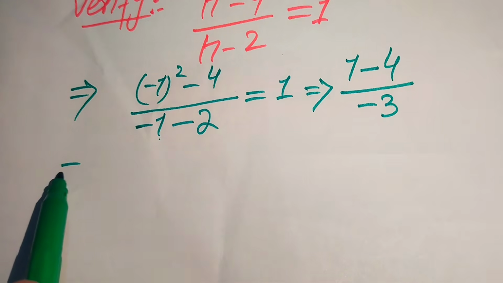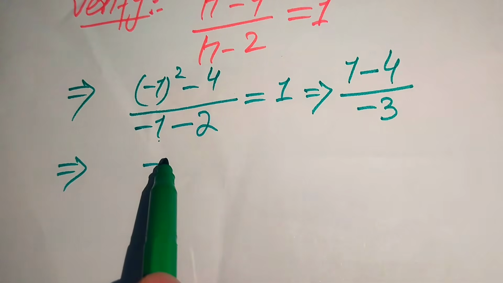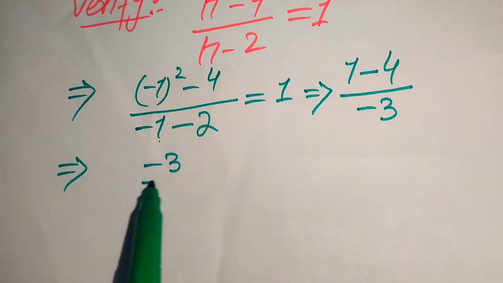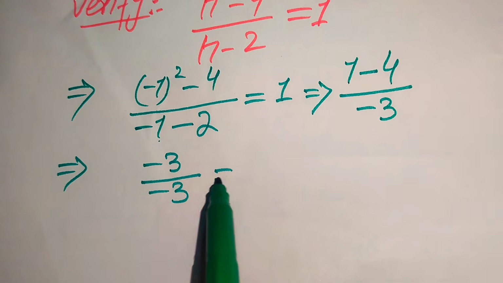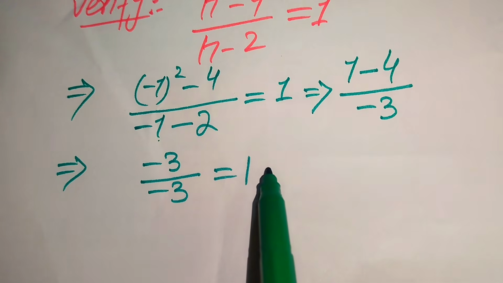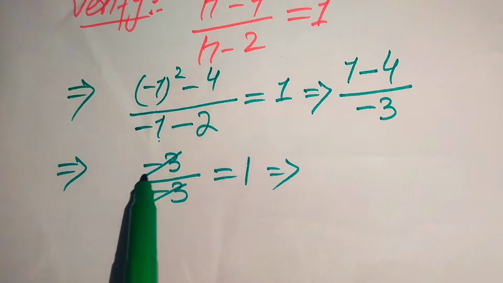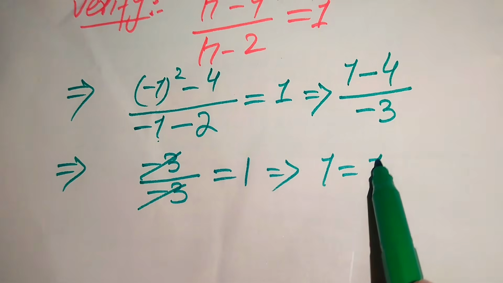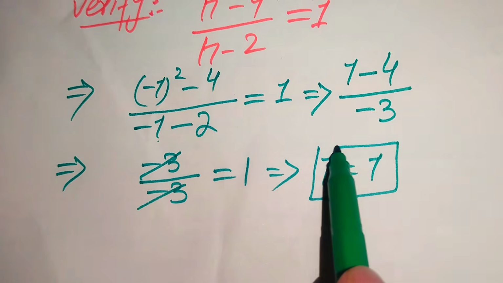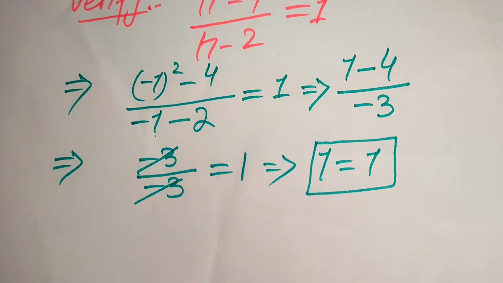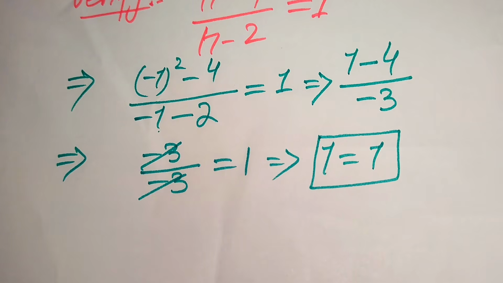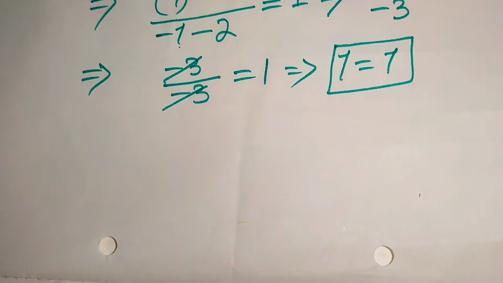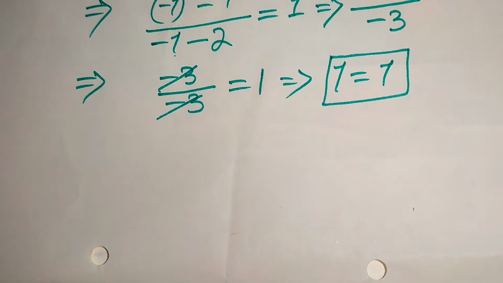Further, in the next step, we have 1 − 4 becomes −3, divided by −3, equal to 1, and this implies that these terms cancel, and we get 1 equal to 1. This shows that the above value h equal to −1 satisfies our given question statement. So this is our final answer, which we get from the first method.